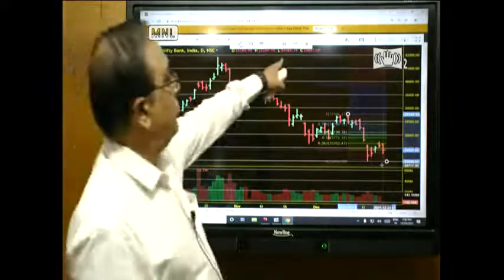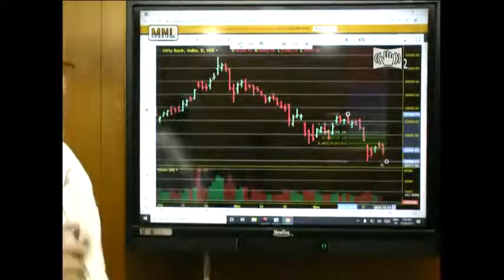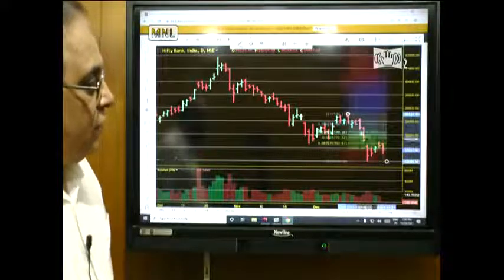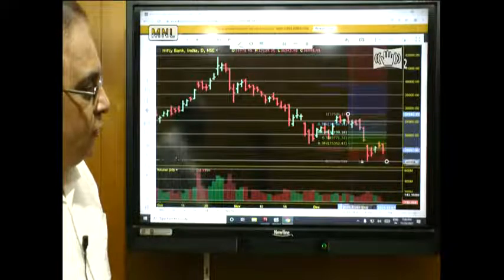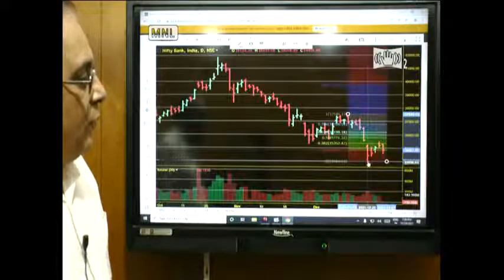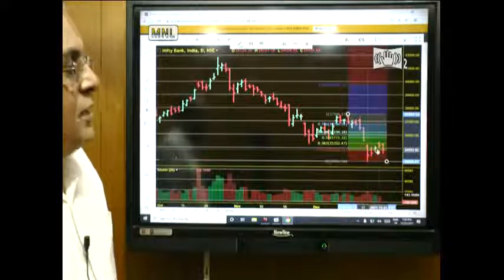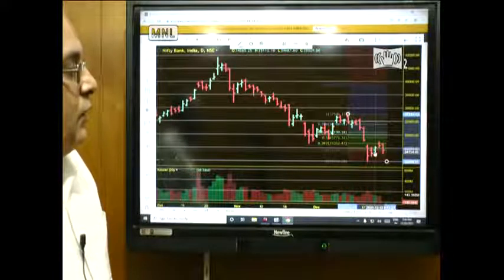It came to 34,585, very close to that, slightly penetrating it. Since the 23.5% difference from the bottom is around 835 points or 850 points, eventually it has crossed this 23.5%.